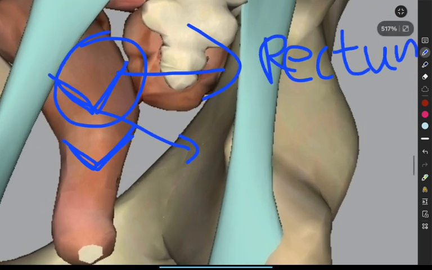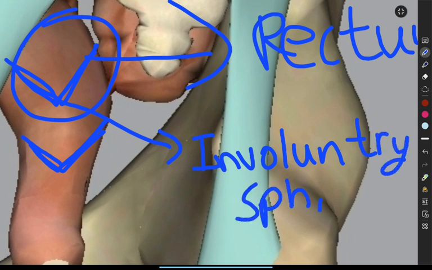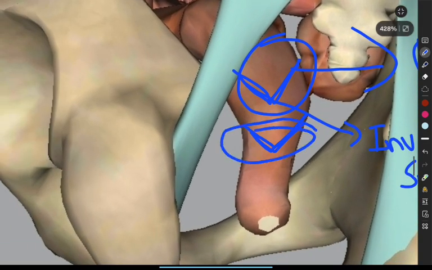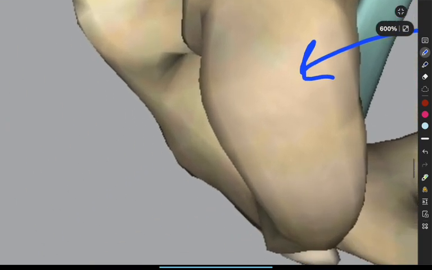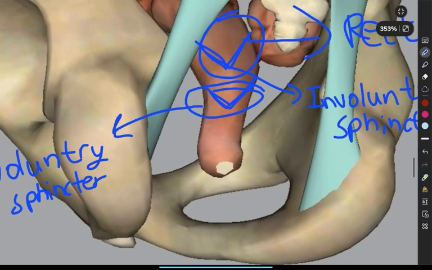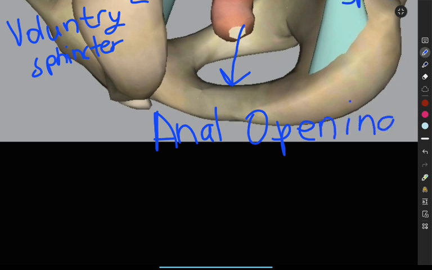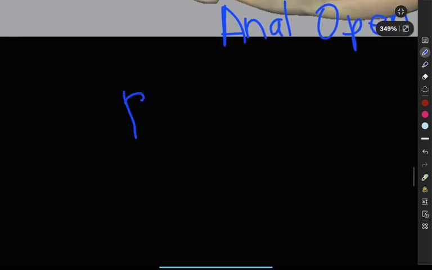The first one is the involuntary sphincter in nature, and the second sphincter is the voluntary sphincter. Now via the anal opening, the feces gets out.